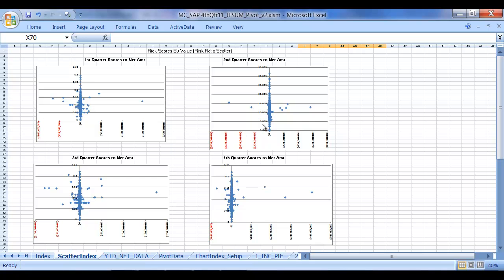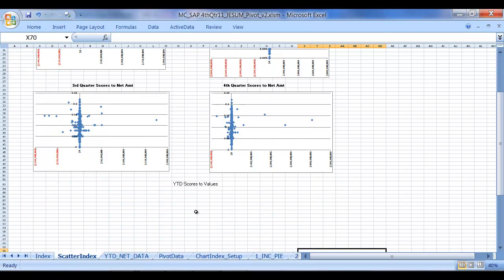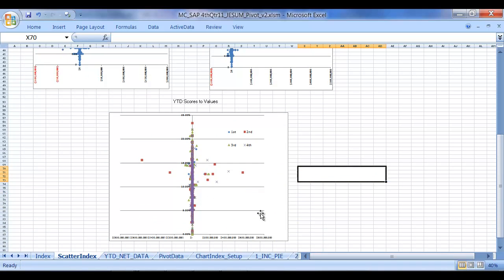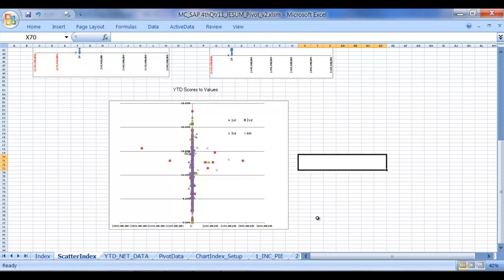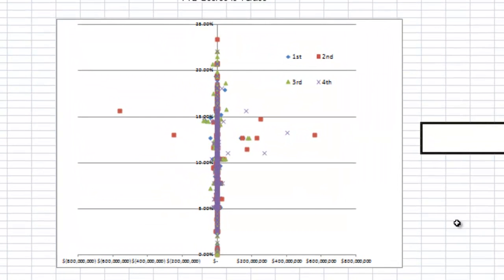And this is first quarter, second quarter, third, and fourth quarter. And what is also quite interesting is to take a look at the 4-quarter analysis as well. And in our case, we're doing fourth quarter review. We can actually select some of the ones that are outliers from a fourth quarter perspective in relation to all of the other quarters.